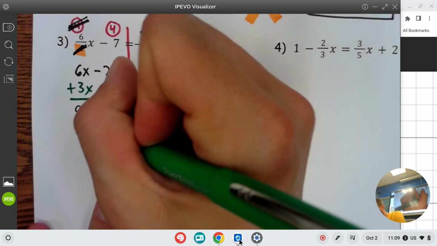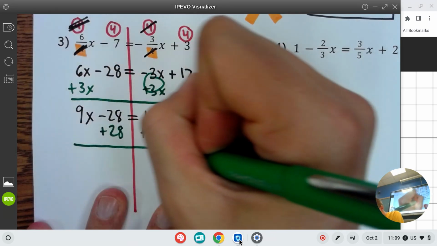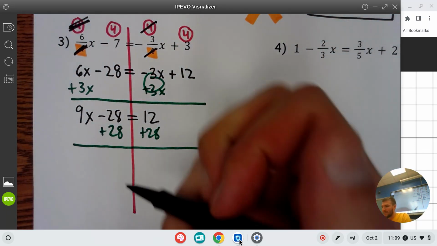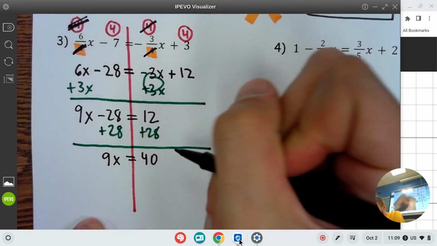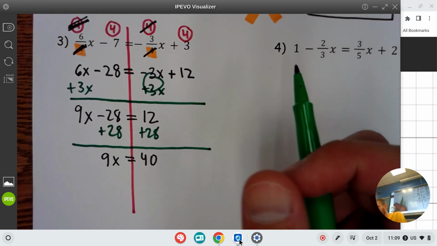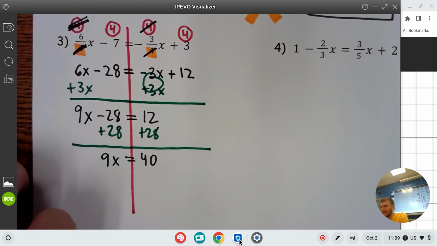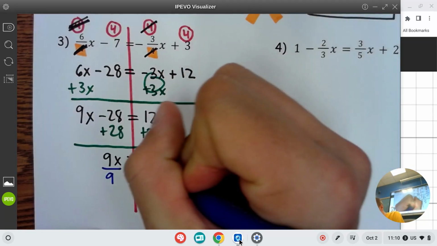Let's add 28 to both sides. Again, I don't know if this is going a little bit too fast, but we have done so many of these questions. And now we're done. Time to divide, time to finish. And hopefully you're thinking, ew, hold on a second, kind of gross. Divided by 9.